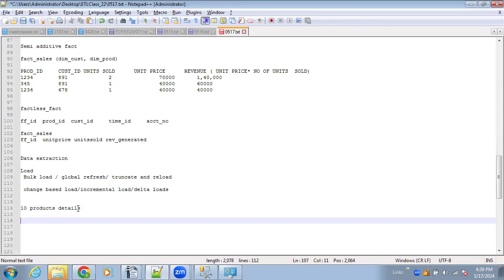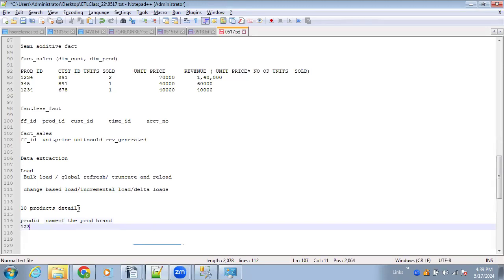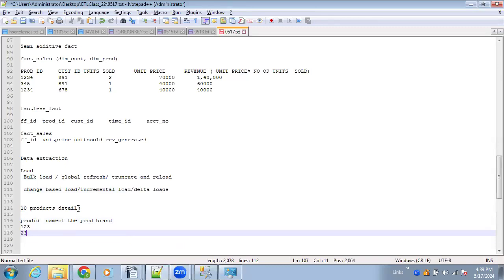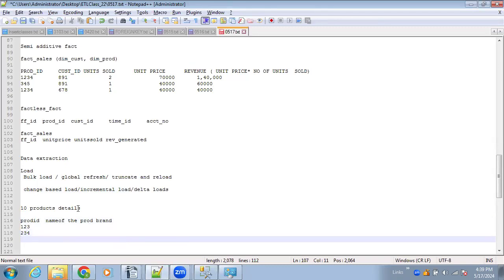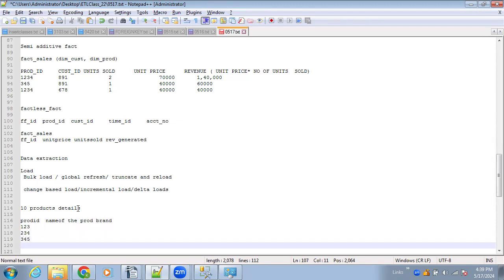Say this is the product ID, name of the product, product category, and then brand. So today I got some products, 1, 2, 3, product 3, 4, 5, and so on.